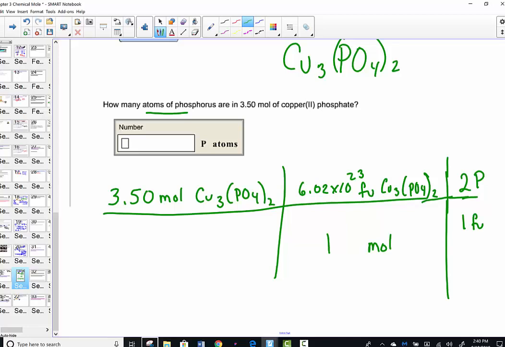So again, just to practice with what I call a vocab mismatch, to let you trigger, oh, this will need a next step before I'm done. 3.5 times Avogadro times 2 solves for the problem. Can you put that down? I'll do the same and see if we get a common answer.